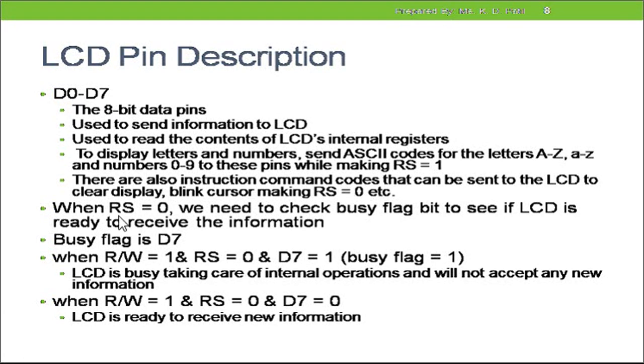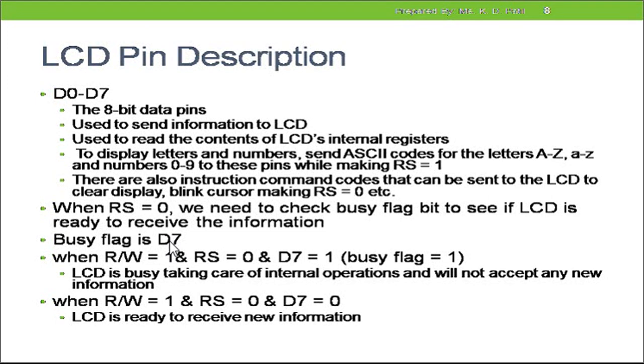One more important feature that these pins have is that the most significant bit, that is the D7 bit, is referred to as the busy flag bit, to see whether the LCD is ready to receive the information or not.